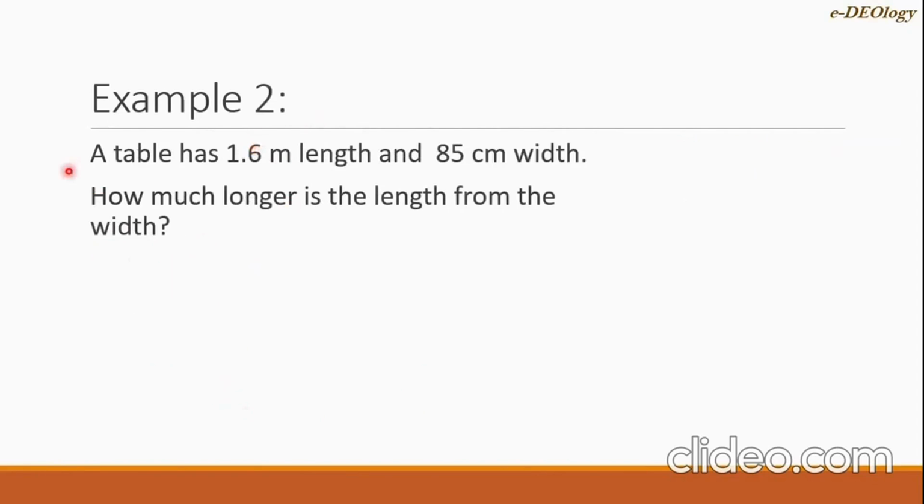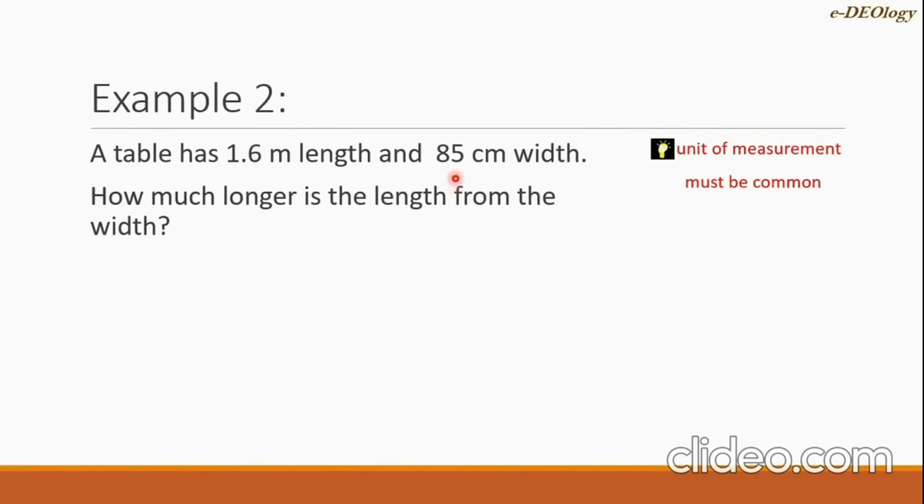For example 2, a table has 1.6 meters length and 85 centimeters width. How much longer is the length from the width? Take note that the unit of measurement must be common.